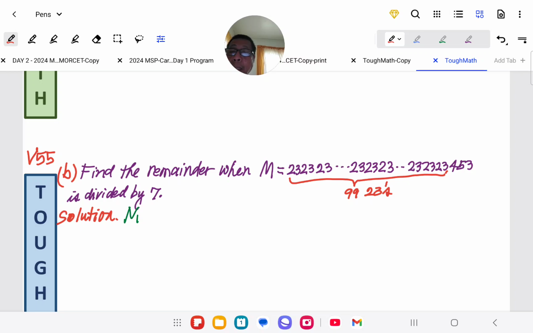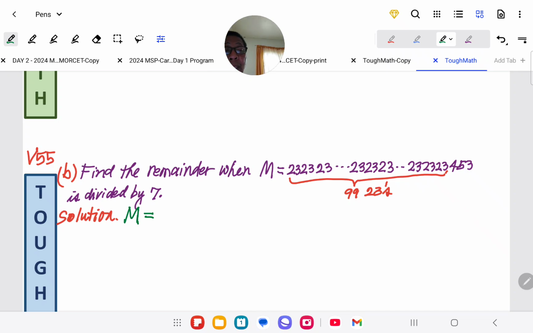And then the second problem: find the remainder when the number m, which has 201 digits, actually, no? It starts with 99 23s followed by 453. So first we count the number of digits of this number m.